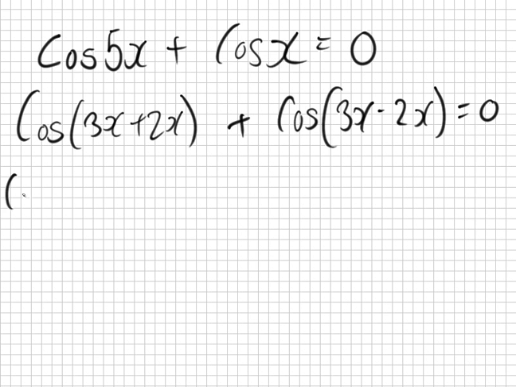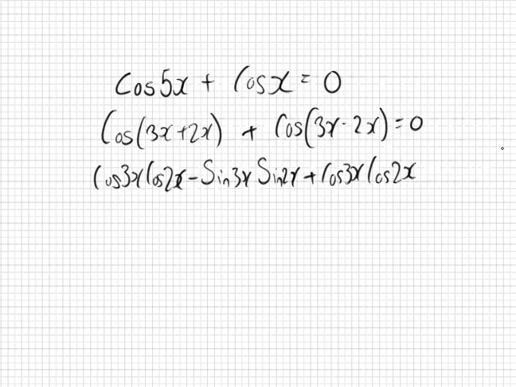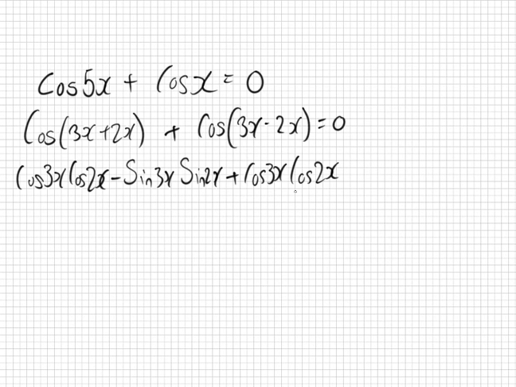Because now this will be cos 3x cos 2x minus sine 3x sine 2x plus cos 3x cos 2x plus sine 3x sine 2x equals 0.